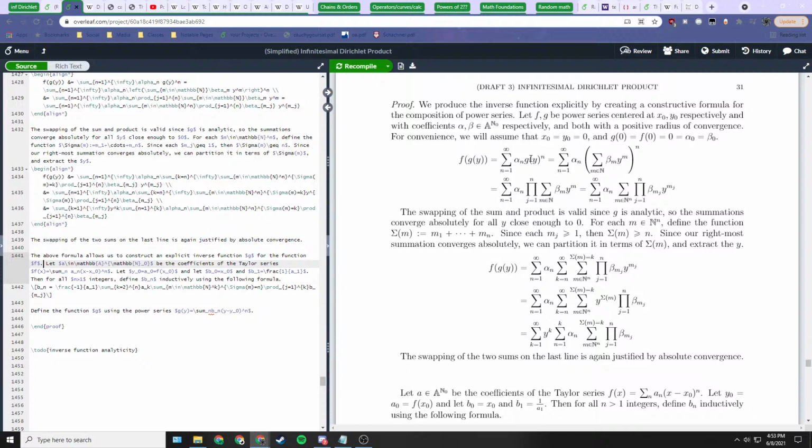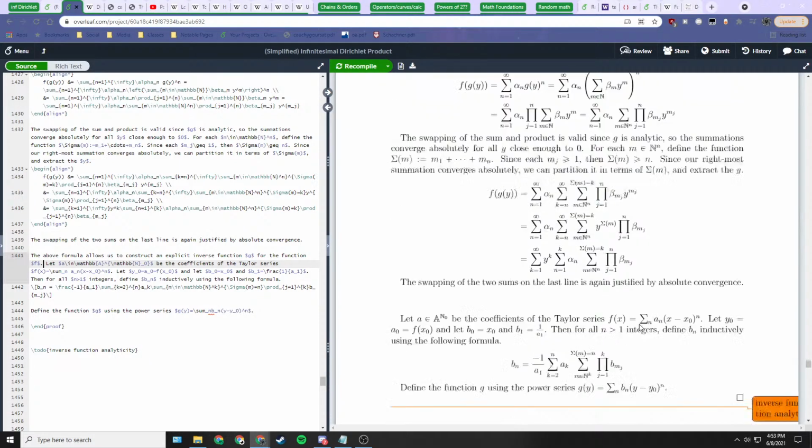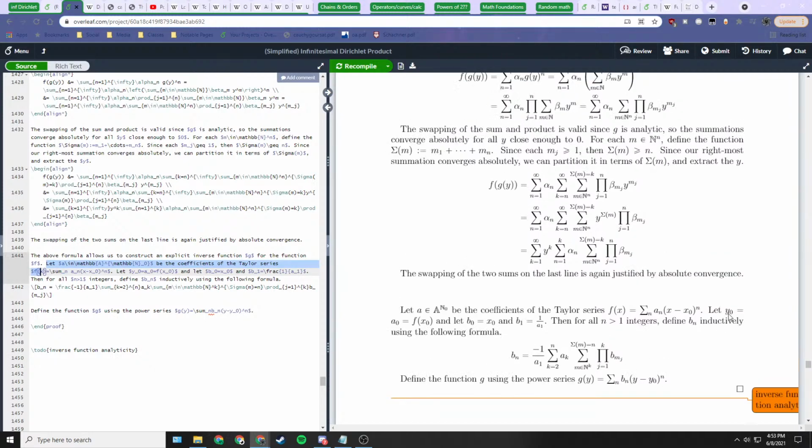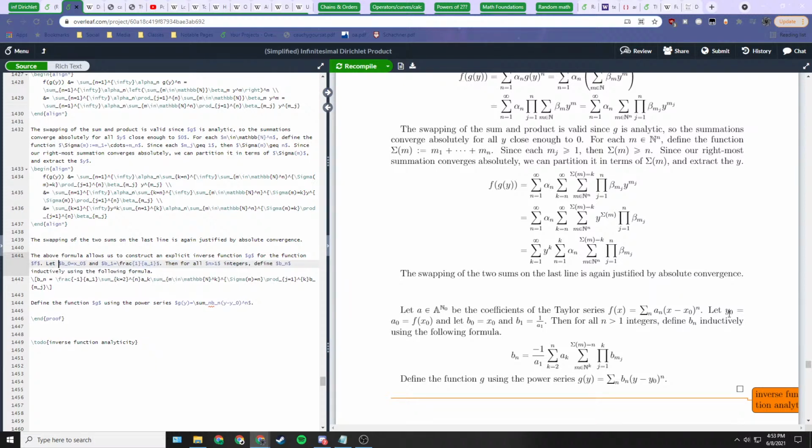So we'll say, let b0 be x0 and b1 be 1 over a1. And for all integers n greater than 1, define b sub n inductively using the following formula. And then we have this formula.